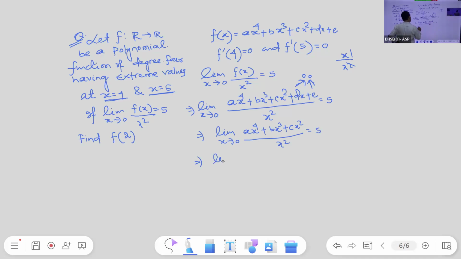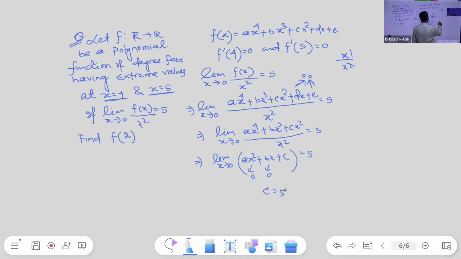Now divide each term by x square: limit x tending towards 0, ax square plus bx plus c equals 5. When x tends towards 0, ax square will be 0 and bx approaches 0, so the left hand side will be c. So it is clear that the value of c is equal to 5.